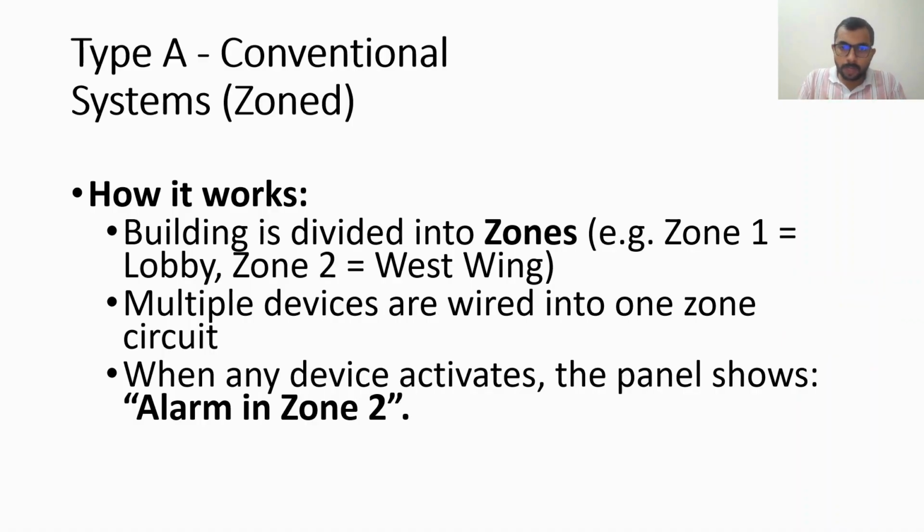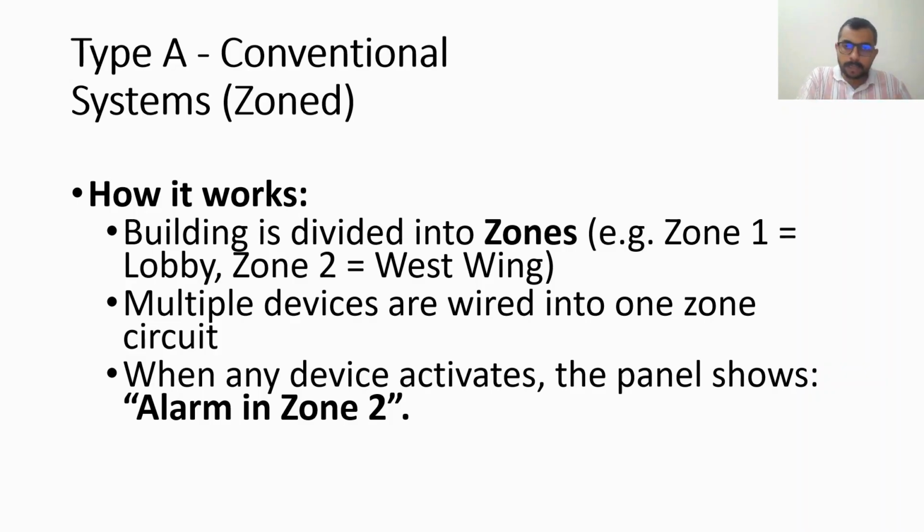So we will go into more detail for further clarity. Suppose a building has a conventional fire alarm system, and the building is divided into separate zones. Let's say the lobby area is zone 1. Whatever devices are in the lobby area are connected to the zone 1 circuit.